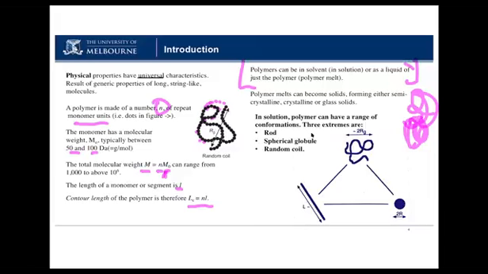The molecular interactions between the repeat units, the monomers, and the solvent can determine its shape. If the polymer is not particularly happy with the solvent and has somewhat unfavorable interactions between the monomer units and the solvent, for example a polar polymer in a nonpolar liquid, it might actually be quite small, in what's called a globular or spherical globular configuration.